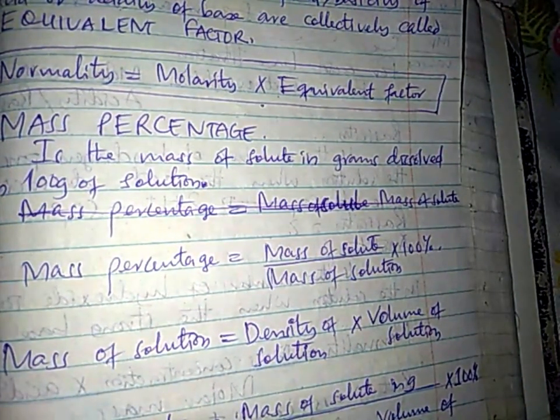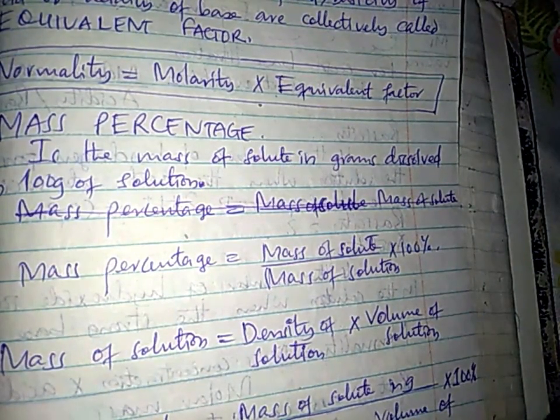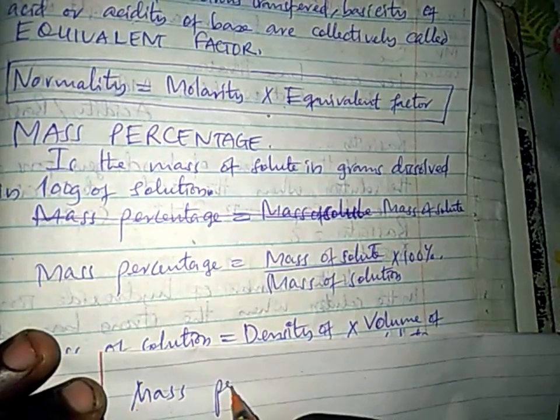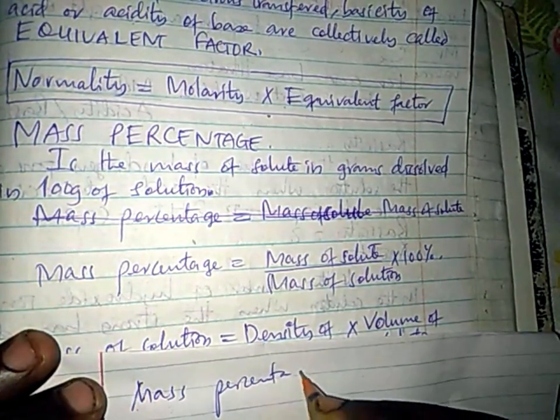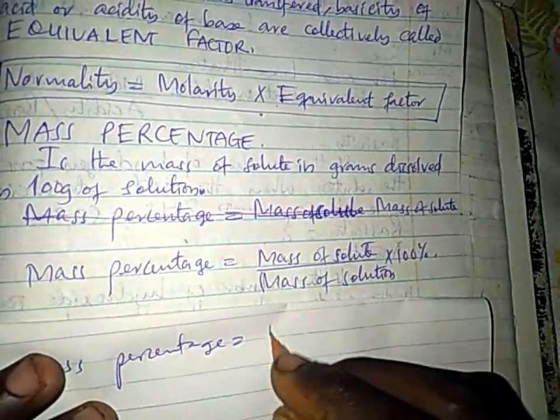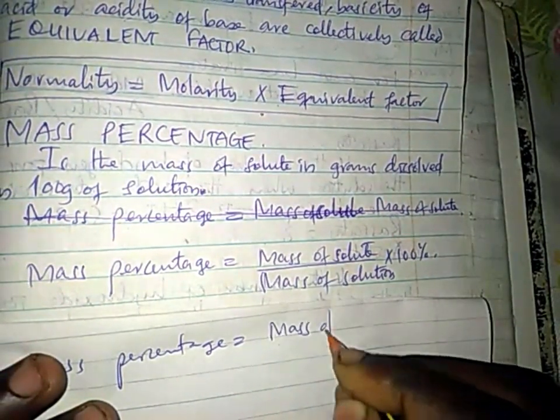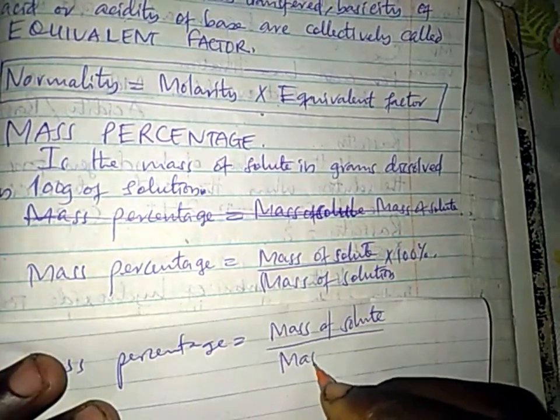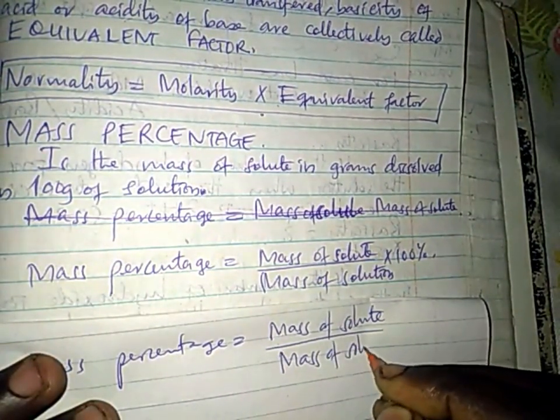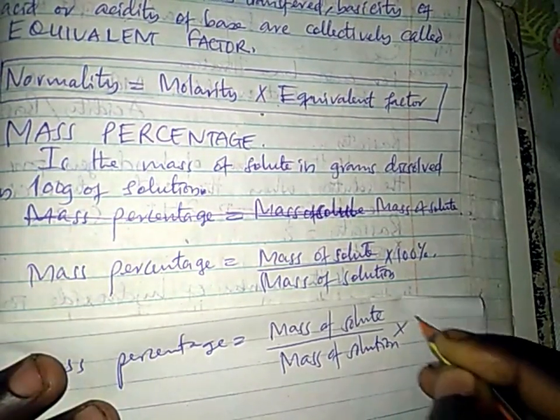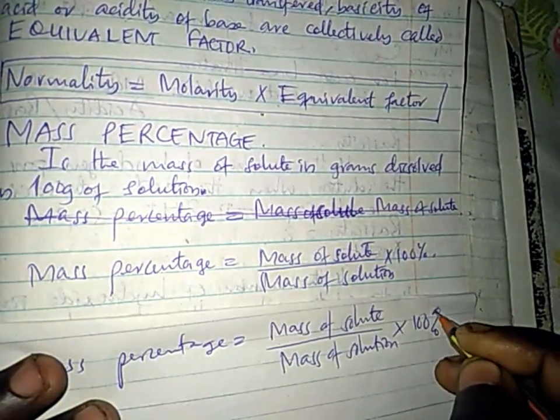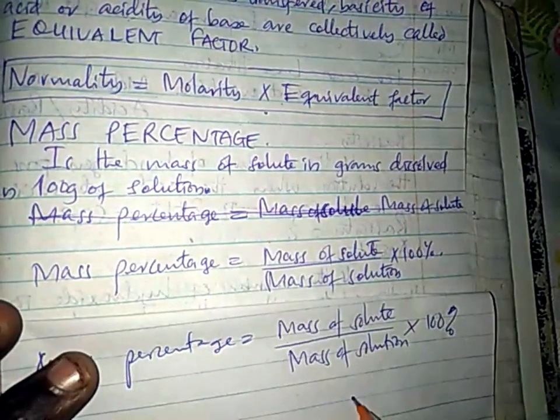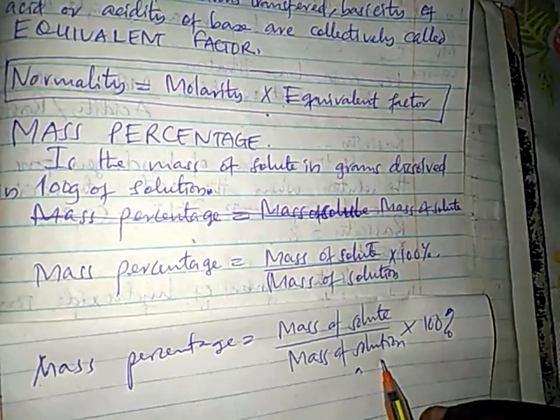So actually, in mass percentage, we are saying that mass percentage is equal to mass of solute divided by mass of solution times 100. So this is just by definition, but in calculation you can calculate mass percentage in this way.